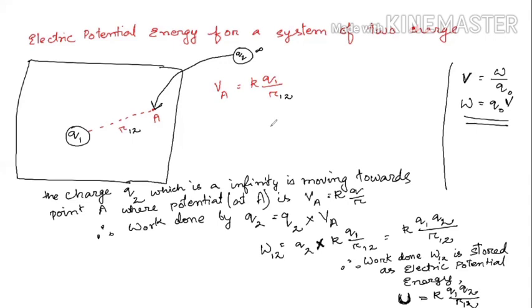Now, if I assume a three charge system, then what should be the expression of the electric potential energy that we will derive? This was for a two charge system. Now we will assume it for a three charge system.